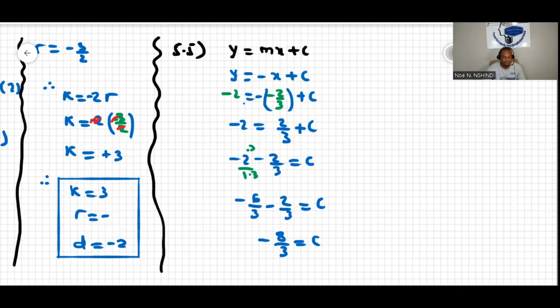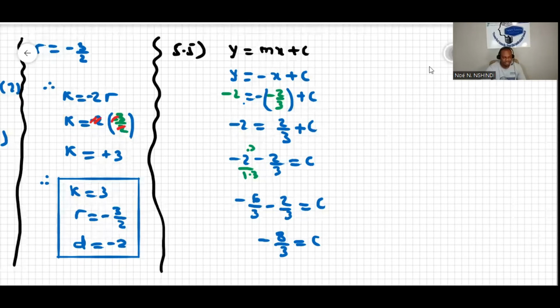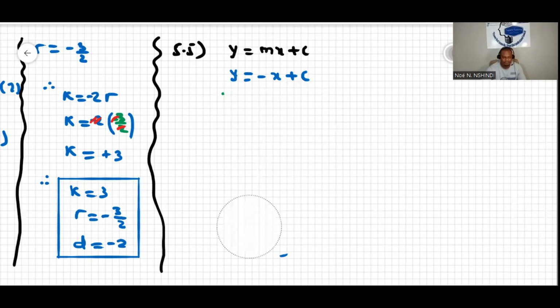Sorry, R was -3/2. Let me just rewrite over here.